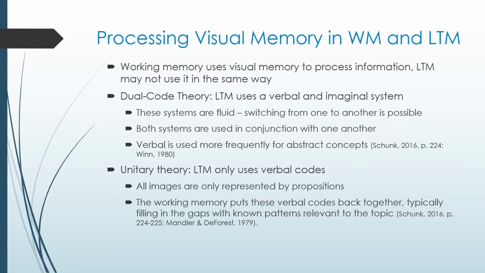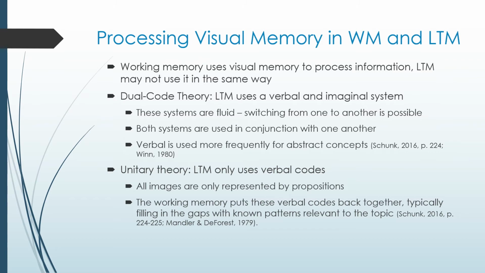One point of contention in the science community is how visual memory is used by the working and long-term memory, or more importantly, how they differ in what they do with the information given to them by the visual memory. One of the popular theories is the dual code theory. It proposes that long-term memory stores information either as a verbal or imaginal system.